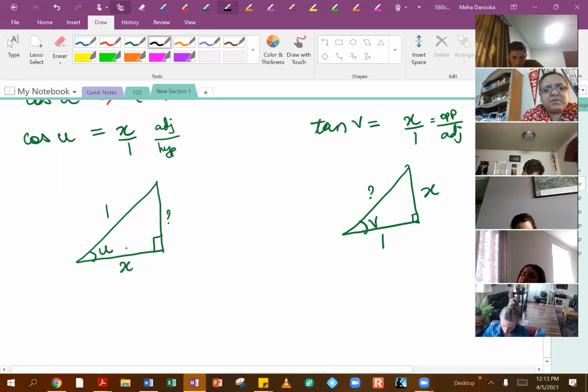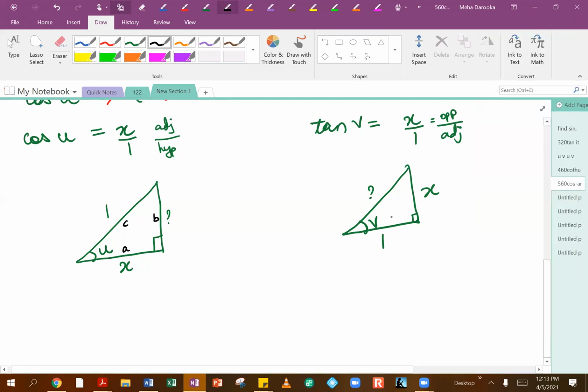And again, if it helps, think of this as side A, side B, and side C. Same thing with the other triangle, side A, side B, and side C. So when you're trying to find your side B, it's basically going to be B equals square root of C squared minus A squared.